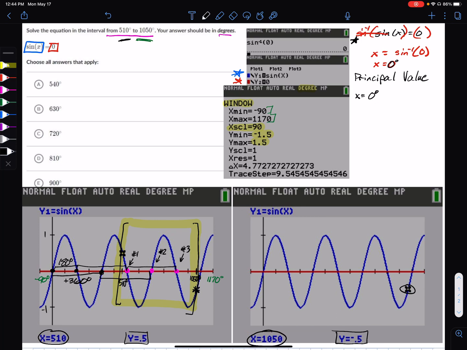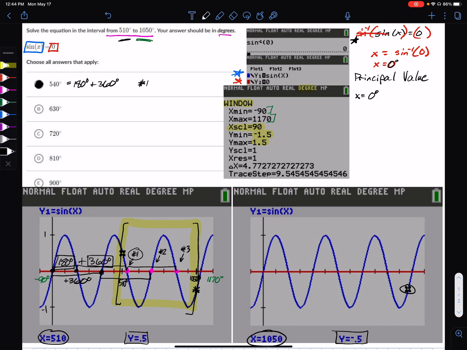The first time it happens is 180 degrees plus another 360 degree jump, and that gets us point number one. So 360 plus 180 is 540. That's one of our correct answers, the first intersection point I labeled there.